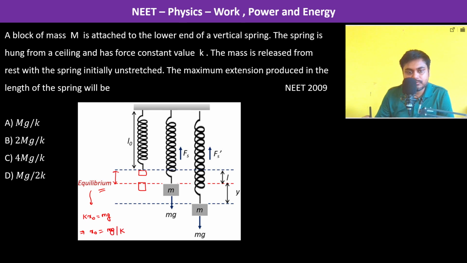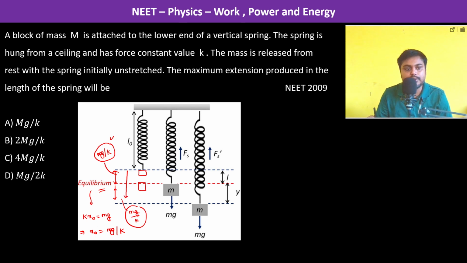That means we can consider the initial amplitude, the distance from the mean position, to be mg by k. So it is going to oscillate with an amplitude of mg by k. Therefore it is going to come further down to 2mg by k, which is mg by k plus mg by k.